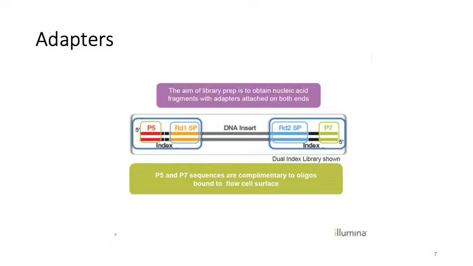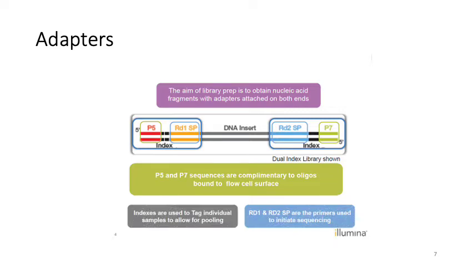On the left-hand side, the adapter nucleotide sequence is labeled RD2SP, index, and P7. The RD2SP sequence is complementary to the sequence primer. The index sequence is a unique sequence, again, used to identify the source of the DNA fragments.